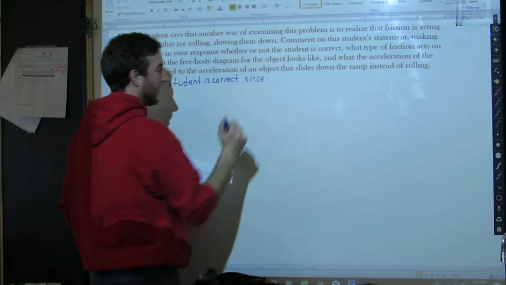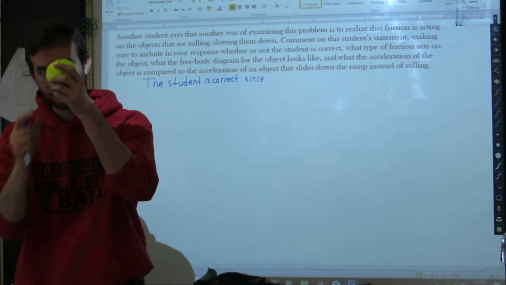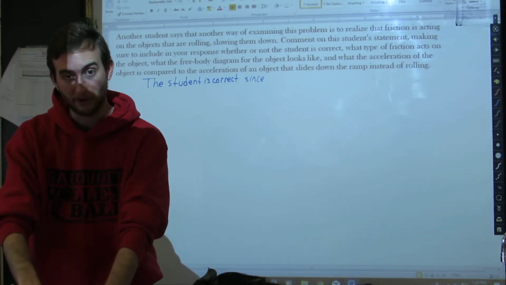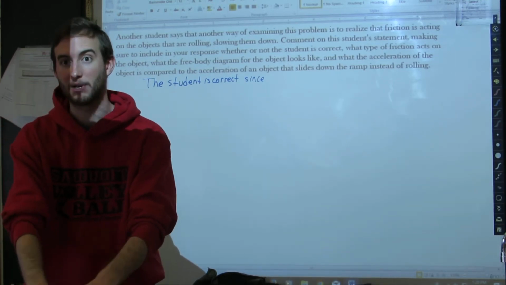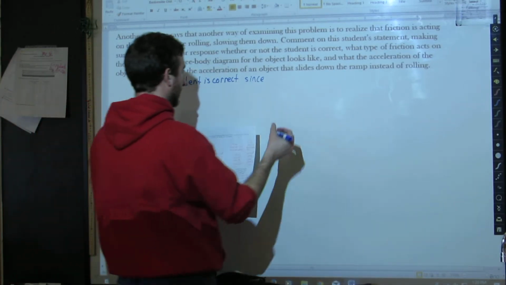Now, if they are rolling smoothly, that means that the point of contact of the object is not moving relative to the surface. There is no slipping. That means it's not kinetic friction, it's actually static friction, which is very interesting.